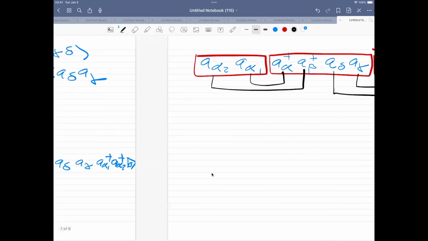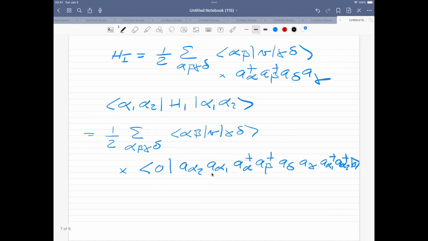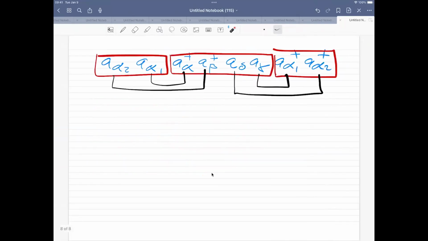If I now go back to the matrix elements, this is my matrix element here. And now I can put in the right indices, which come from the contractions, which means that I would simply have alpha 1, alpha 2, V, alpha 1, alpha 2. So I'm just going to put up here the matrix element which we have.